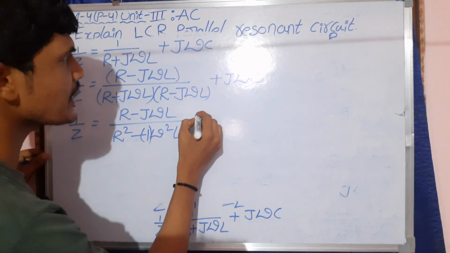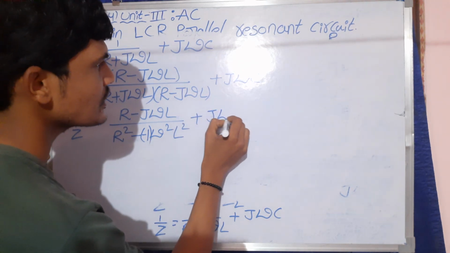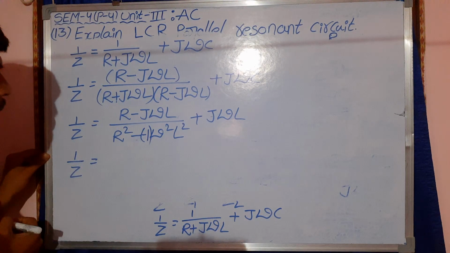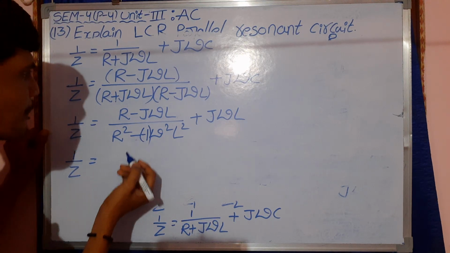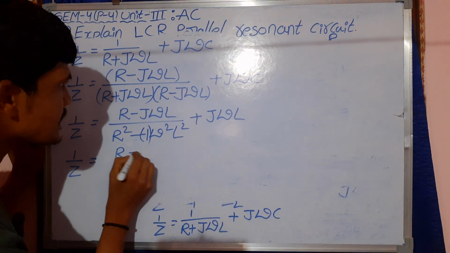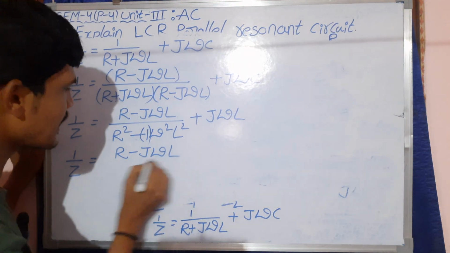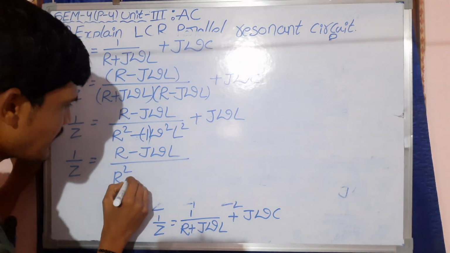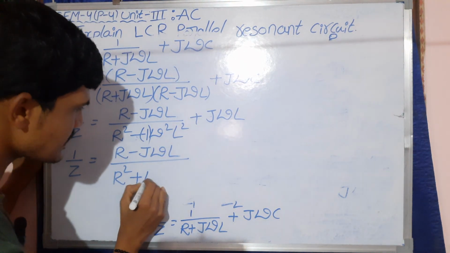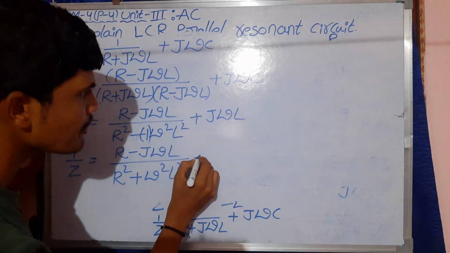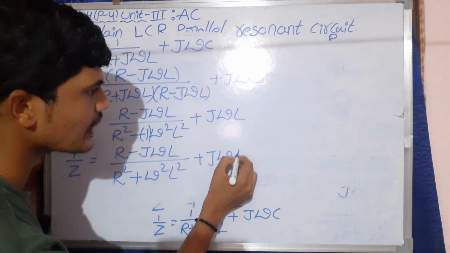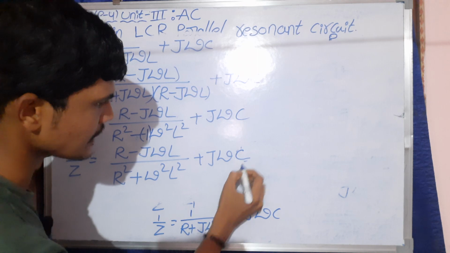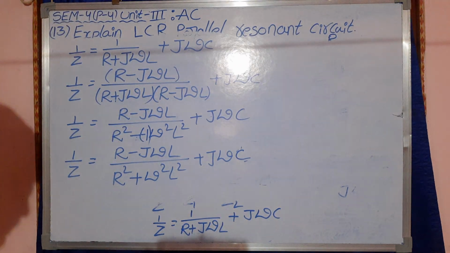So 1 by Z equals R minus j omega L by R square plus omega square L square, plus j omega C, where C is the capacitor.